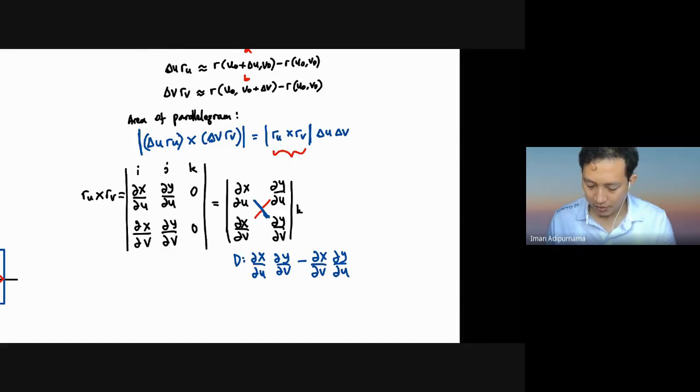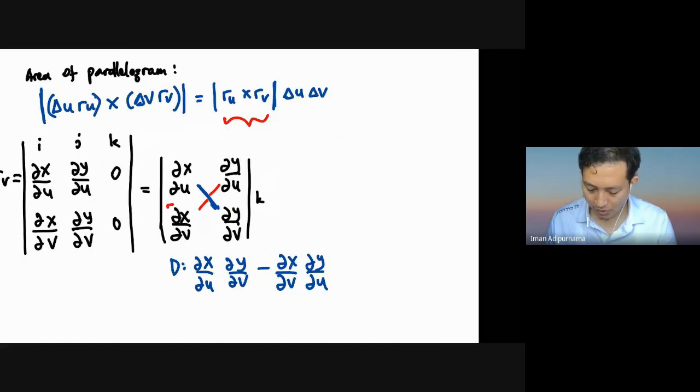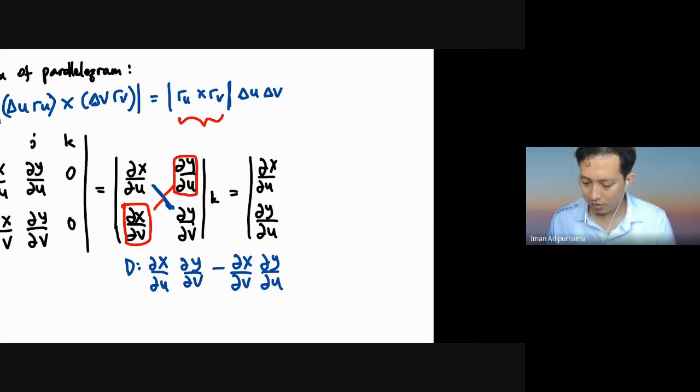Okay, but since this part here is going to be the same, if you switch, we can also switch that, and that will be our Jacobian formula.